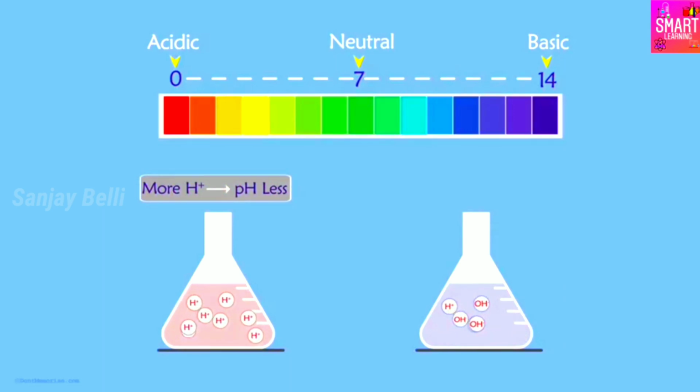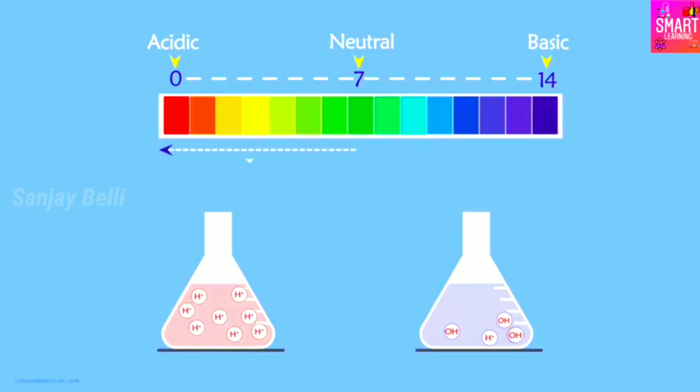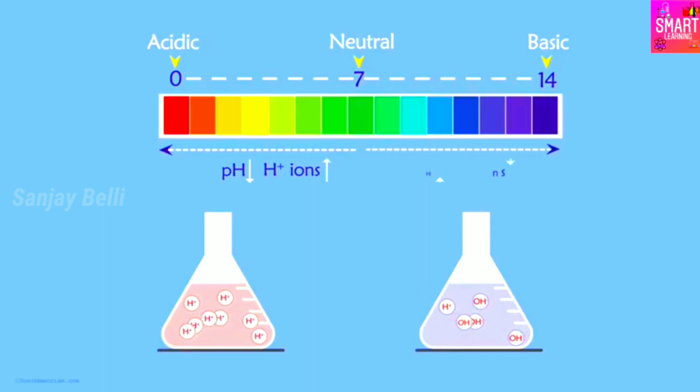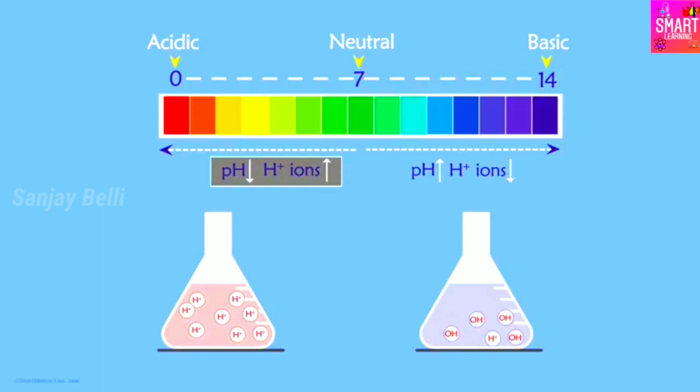Now, if you look at the scale, as we go towards the left, the pH value is decreasing, which means that if we go leftwards on the scale, the hydrogen ion concentration increases, and as we go rightwards, the H plus ion concentration reduces. And we know that higher H plus ion concentration implies that the solution is more acidic.